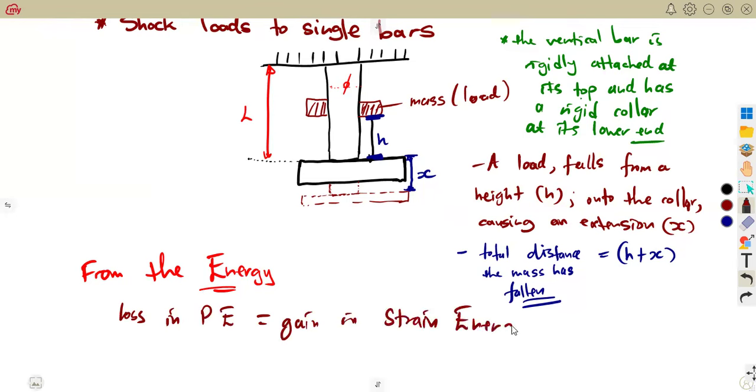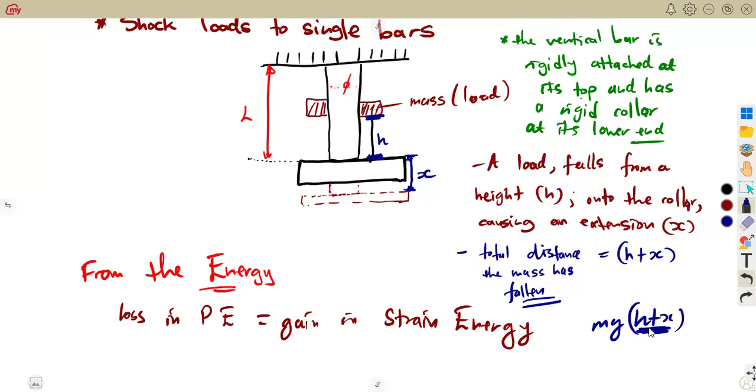Strain energy. So this can give us a formula now, because we know our potential energy. Remember from your science, guys, potential energy is mgh. But we no longer use mgh as it is. Why? Because the distance that the mass has fallen is now h plus x, where x is the extension.